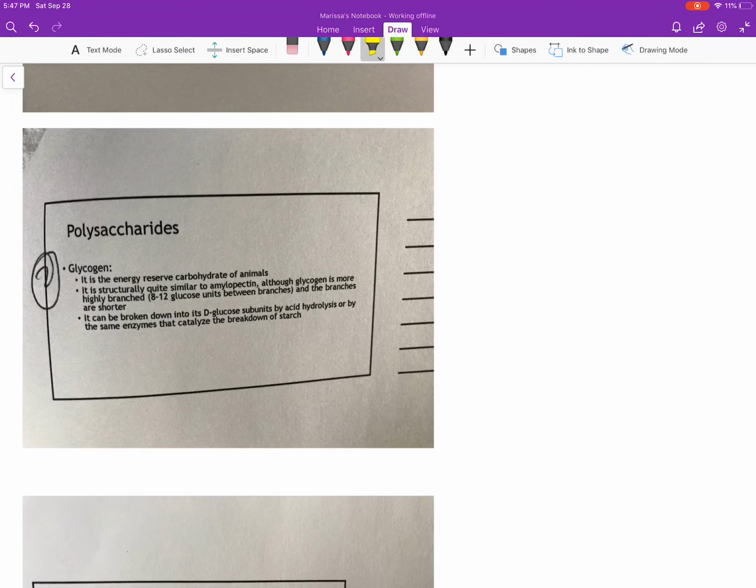Now the next polysaccharide is called glycogen. This is the energy reserve carbohydrate of animals. Sounds like another test question.